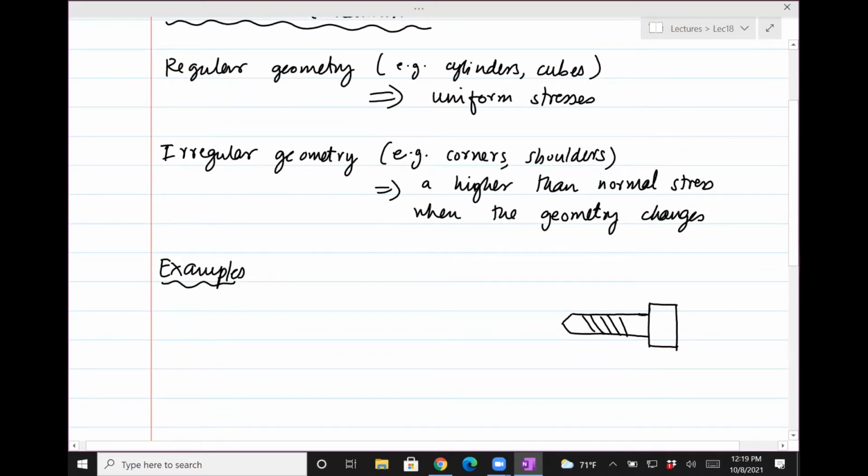The change in geometry here will cause stress. So screws, bolts, nuts. Okay, so the change in geometry is here and here.